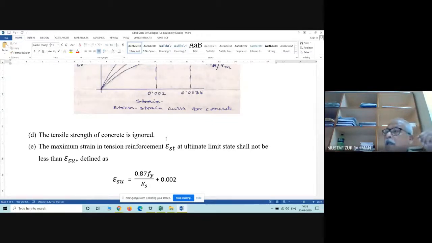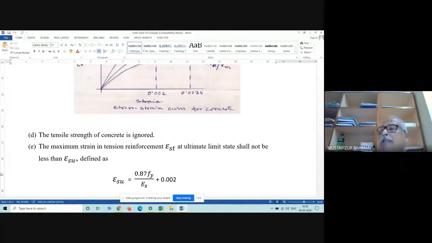Okay. Since we had already discussed that the tensile capability of concrete is very much negligible, only 1/10 of the compression, that part is neglected. It is really giving some resistance, but whatever resistance is there, that part is neglected.